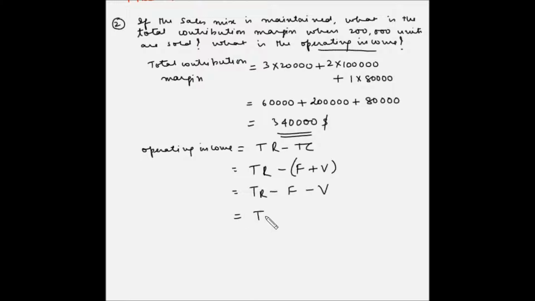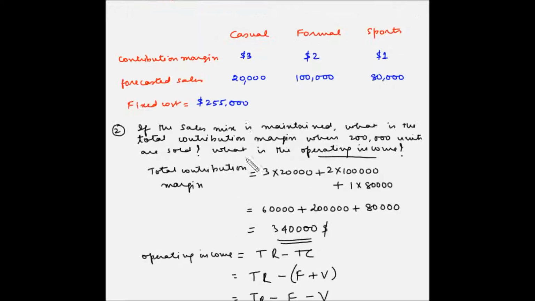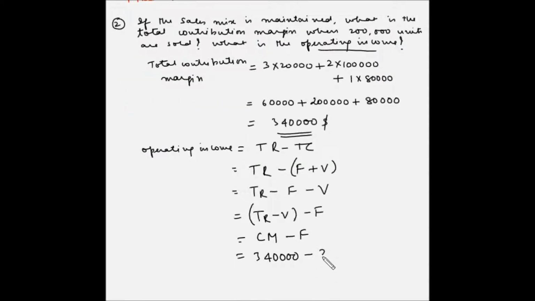Now this is equal to TR minus V minus F. So just rewriting it. Now total revenue minus the total variable cost is nothing but the contribution margin. So this is the total contribution margin minus the fixed cost. So in our case, if we substitute the values, the contribution margin is 340,000 minus the fixed cost, which is 255,000.